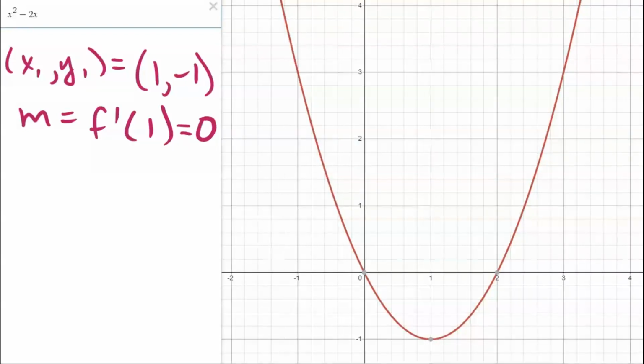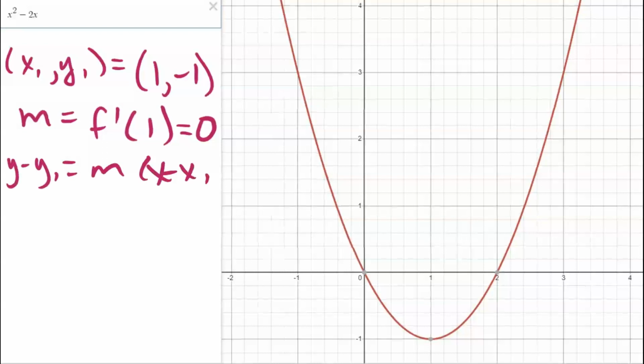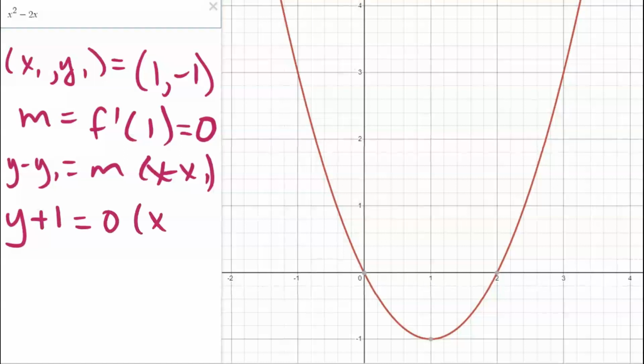And now since we have a slope and a point, we use point-slope form. And I won't write it anymore after this time. But we fill in our values. So y minus y1, y minus negative 1, is the slope times x minus x1. And of course the right-hand side is going to go away. And we get y equals negative 1.